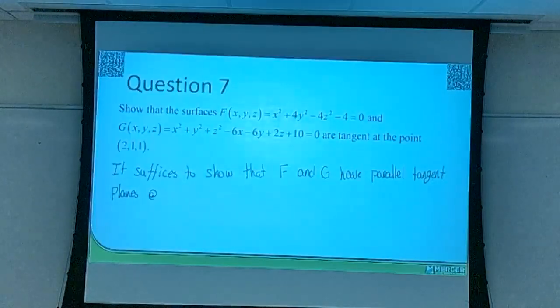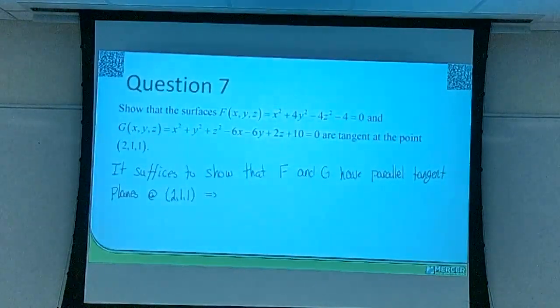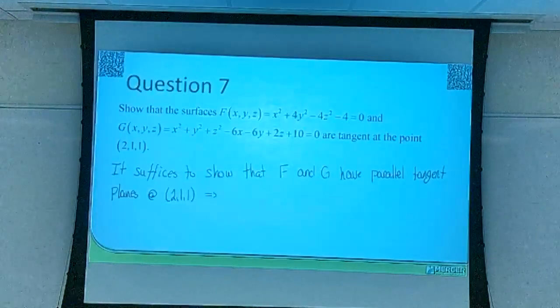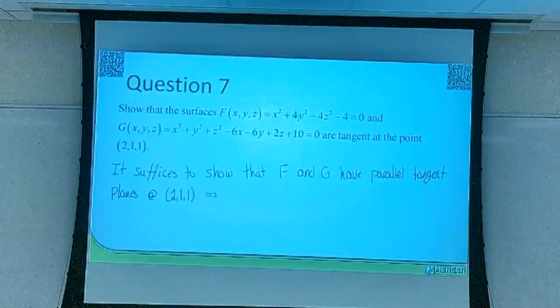But that would mean that the normal vectors for the two planes are parallel.